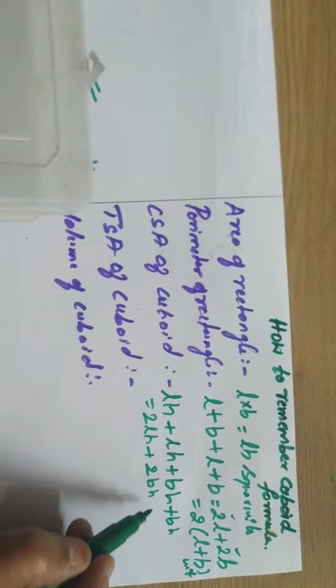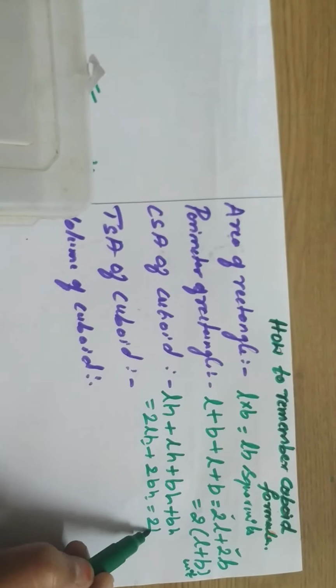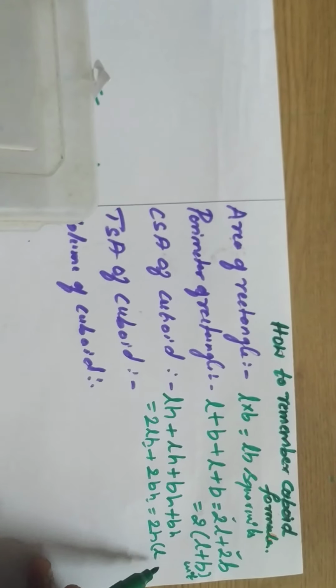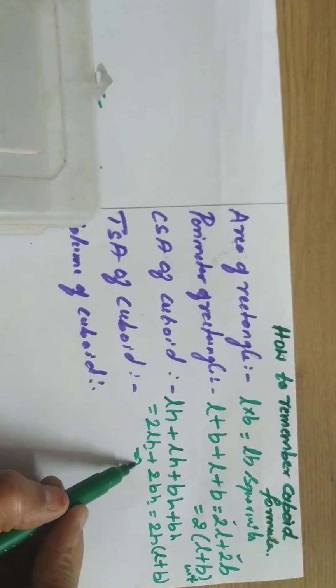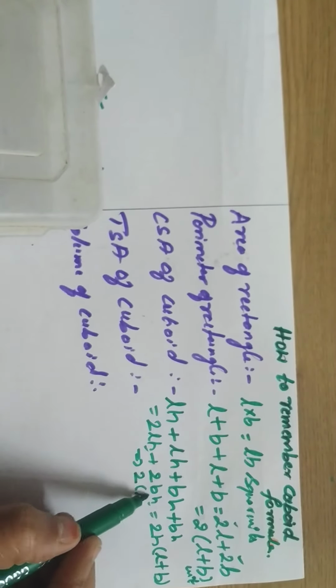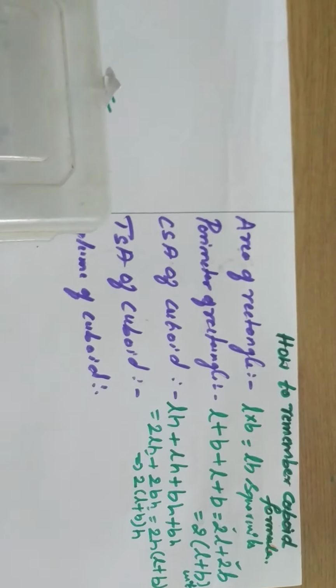Among these two we have common 2 as well as common H. So when I take it out, the left out from the first term is L and the second term is B. This we will rewrite the other way. I'll keep 2 into (L plus B) and I'll shift this H last.